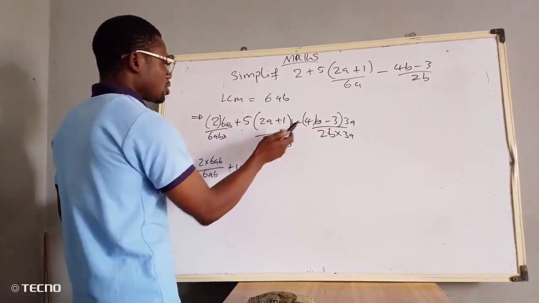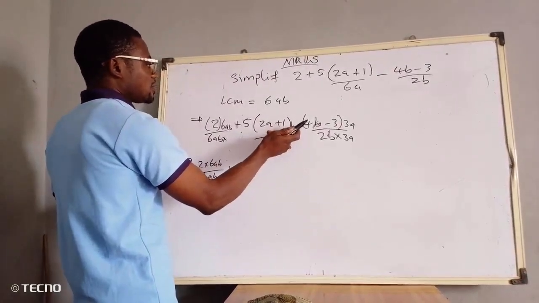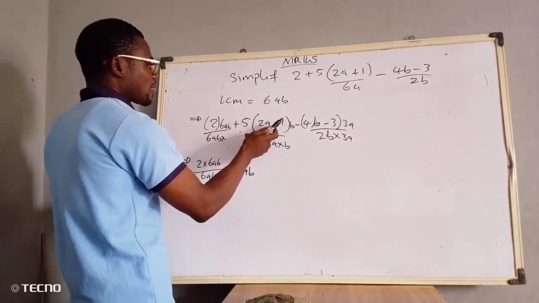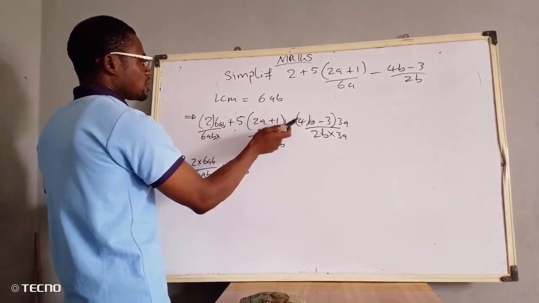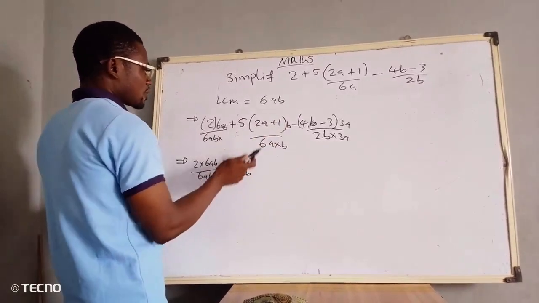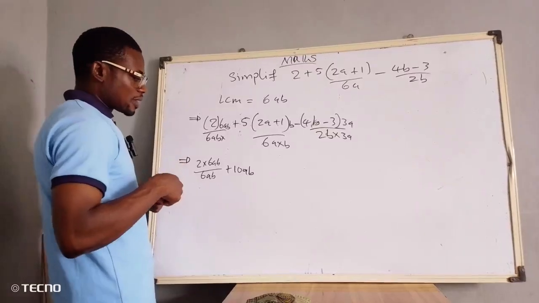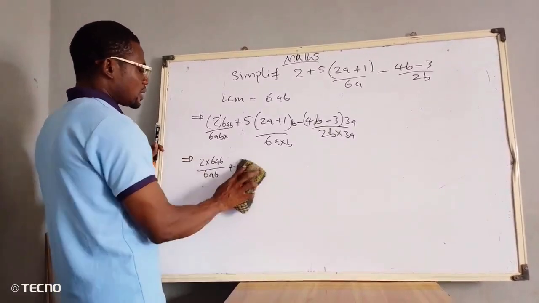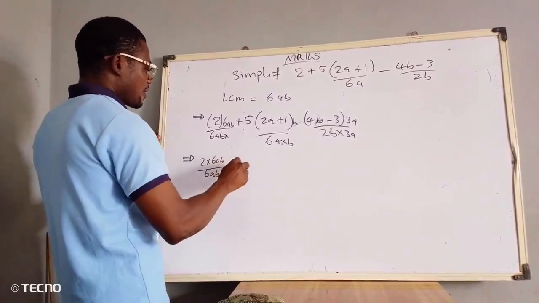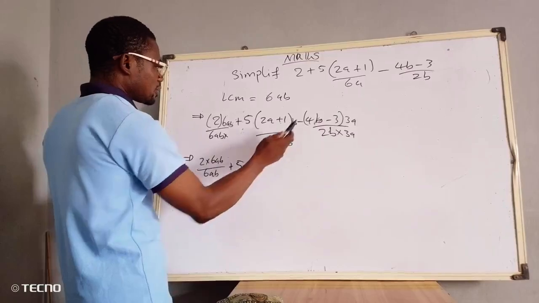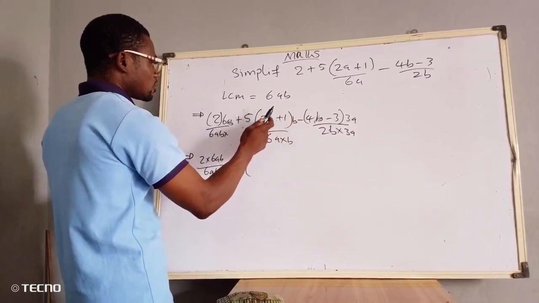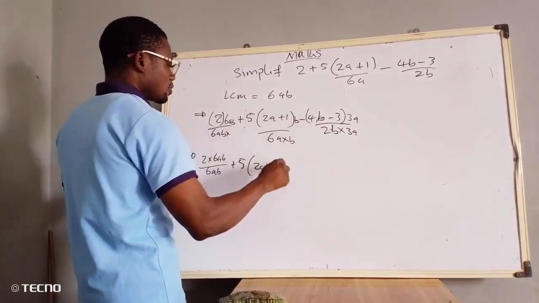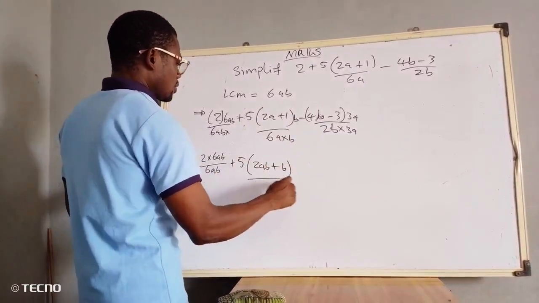Yes, 10AB. Remember, this will multiply everything inside the bracket. Okay, so that we have 2AB plus B. Let me do it for better understanding. So I have my 5. I get B times 2AB, so I have 2AB plus B times 1 gives us B, all over what?